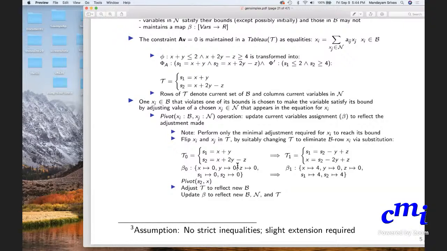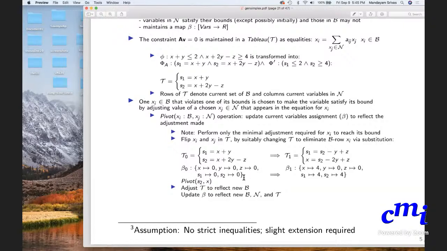Okay, and therefore it picks the basic variable S2 to increase its value to 4. It could have chosen either X or Y. It chooses X to adjust its value in the current assignment by increasing it to 4, to make S2 reach its lower bound.